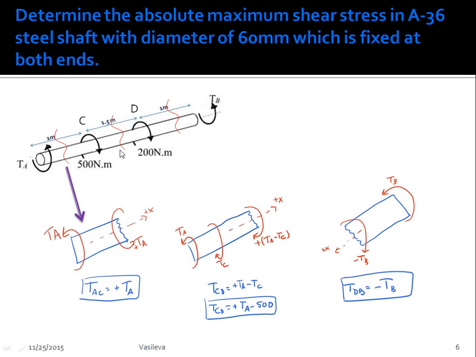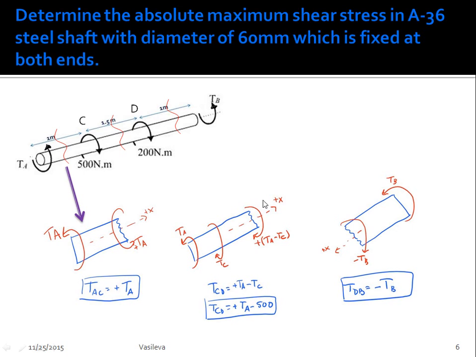Then I cut it in between CD, and here I have TA going this way, I have a TC which is 500 going the other way. Once again, here you have to make assumptions and just make sure that your signs are correct: I'm going to presume that TA is bigger than TC.